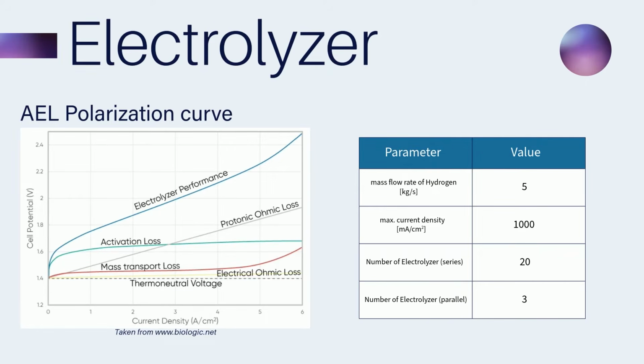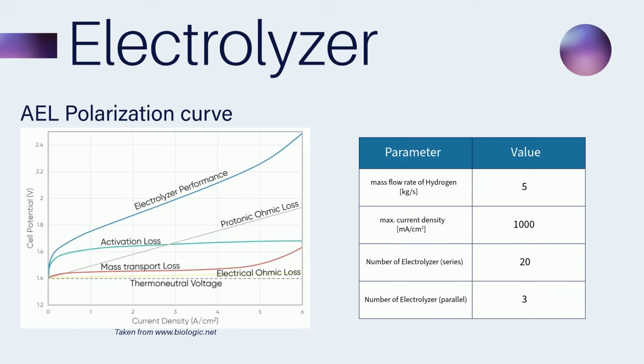These losses do affect the performance of the electrolyzer, not letting it have a good efficiency for us. There are lots of ways that you could reduce these losses, which will not be mentioned here. But now we're going to use this type of electrolyzer with these parameters defined.